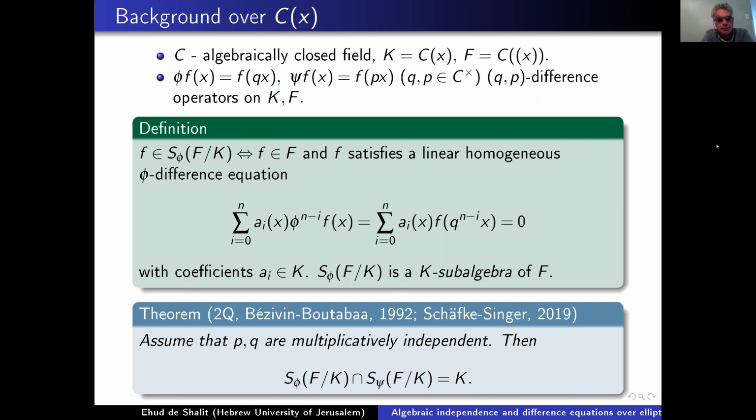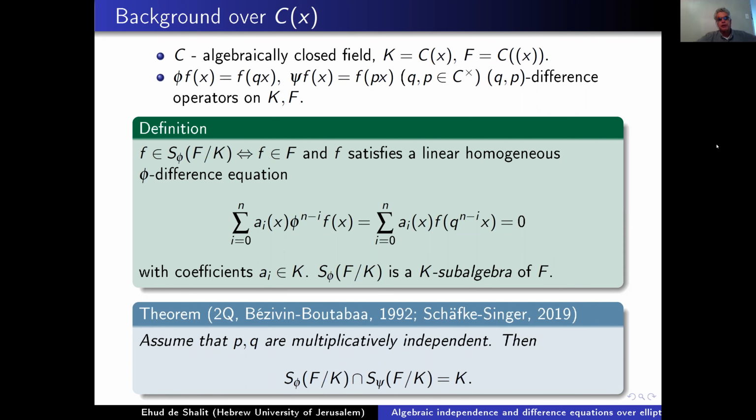And I will denote by S sub phi, and similarly S sub psi, of F over K, the collection of power series f in F that satisfy a linear homogeneous phi difference equation. So this is exactly like an ordinary linear differential equation, except that you replace the operator d over dx by the operator phi, and the coefficients are assumed to be, of course, from the field K, rational functions, or if you want, even polynomials.